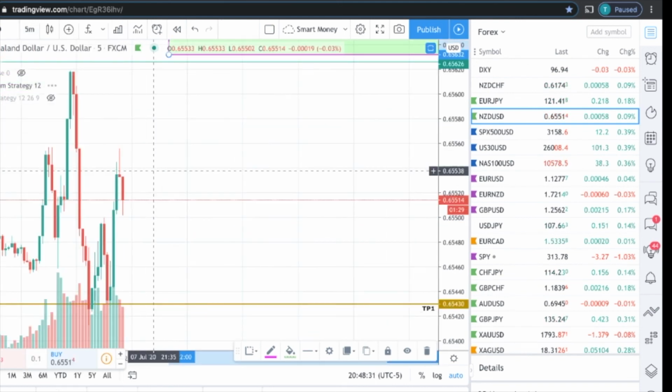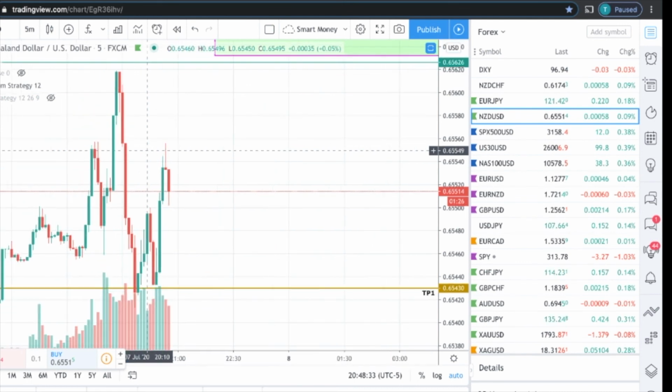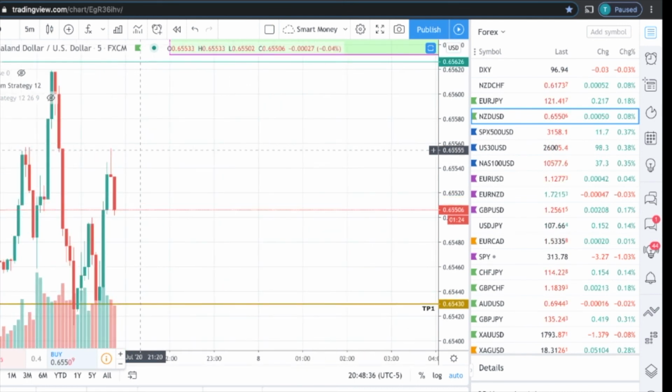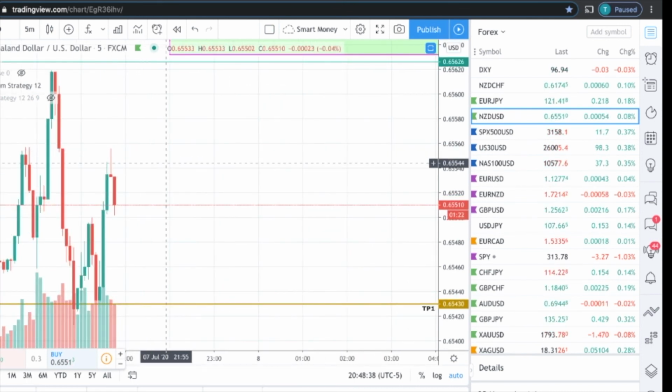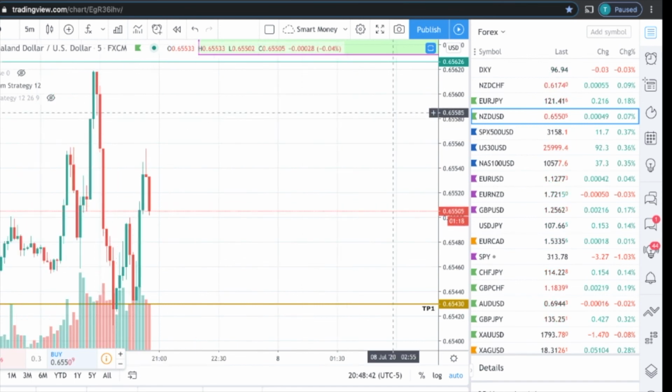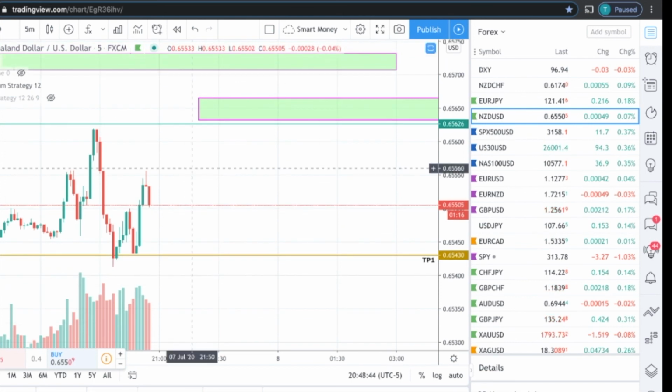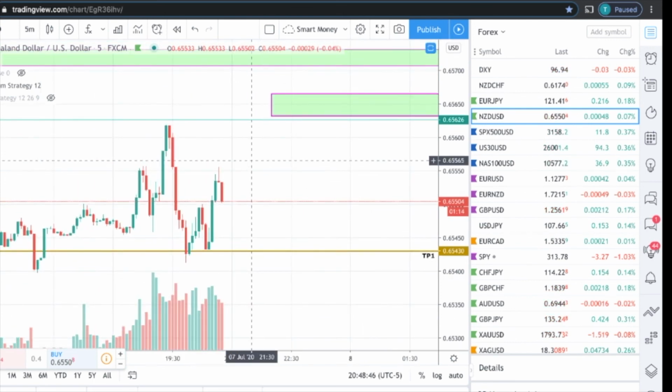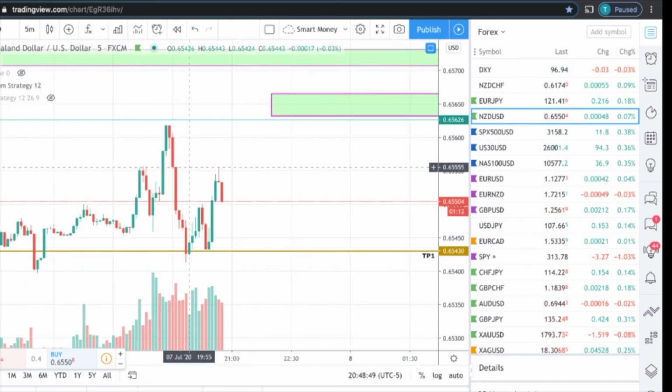Let's get in on the 5-minute. See, it's just massively dropping. Oh, I missed it. Yeah, look at that. It's just a solid Marubozu right here.